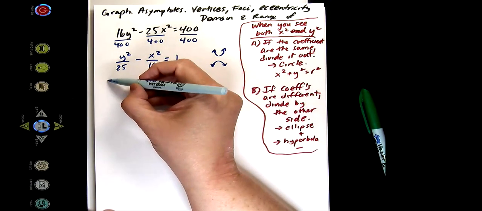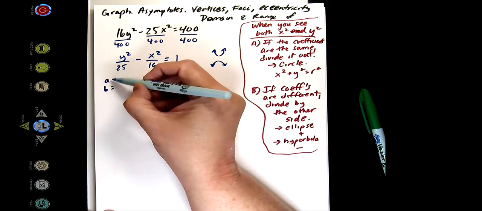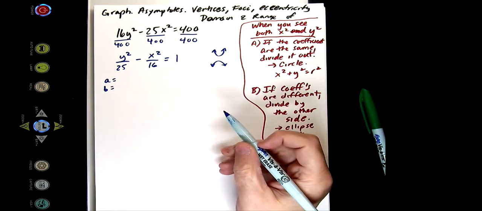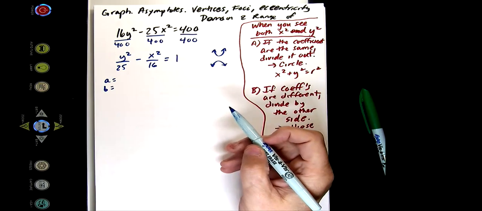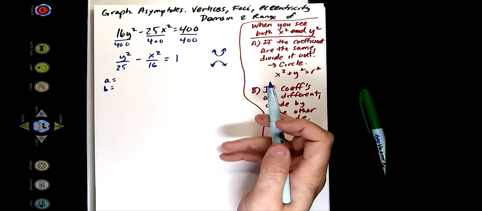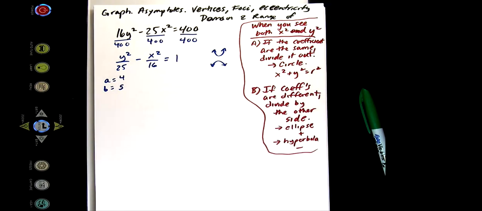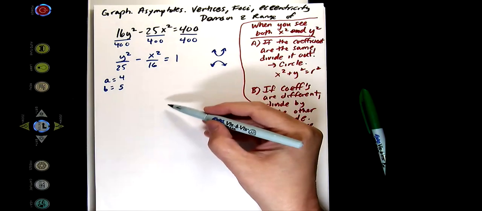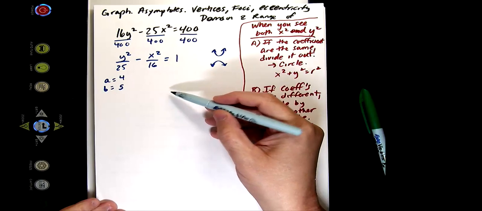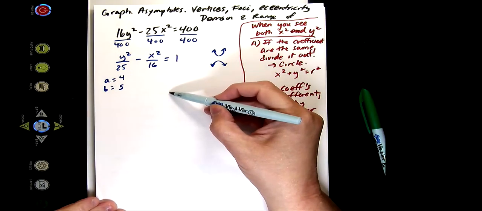What's my A and my B? Yep, 4 and 5, which means this is almost going to look like a square, not a rectangle, for my asymptote box.